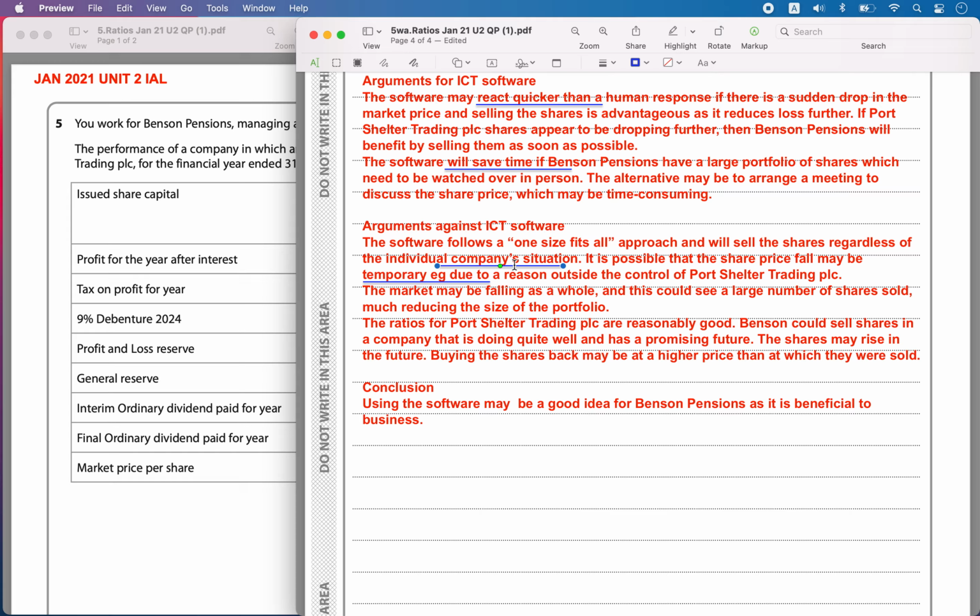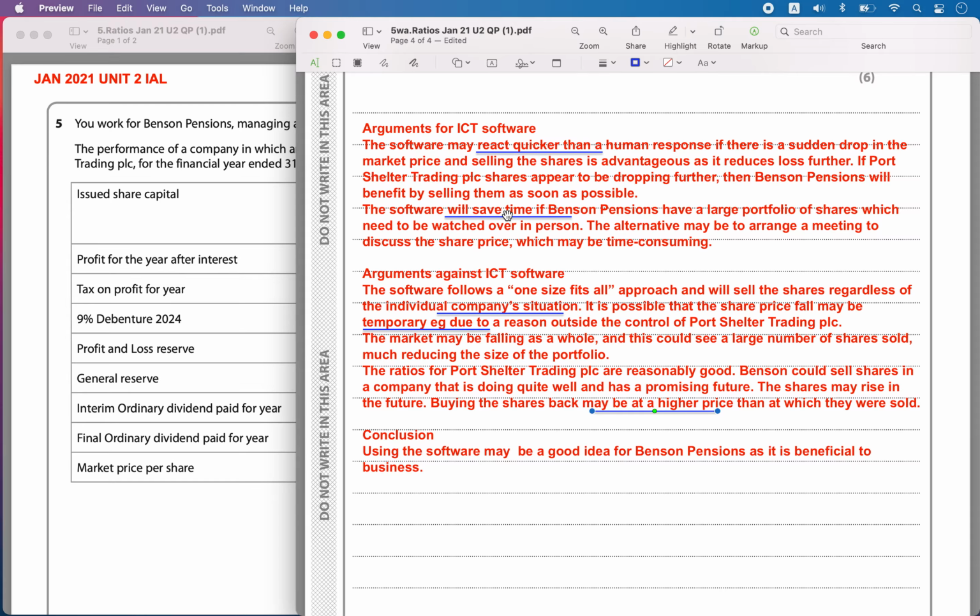If for some temporary reason the market price falls by 50% and you sell off the shares, then you might not be able to buy back the same share, and you will end up paying a higher price. A human can decide whether the company is doing well, whereas the ICT software may react without thinking further. That is what we had to write.